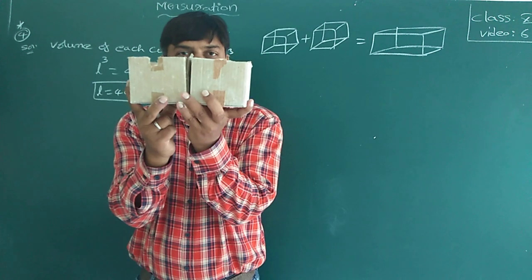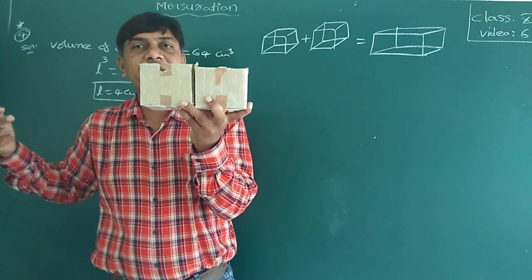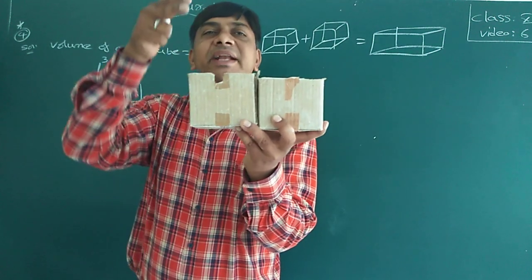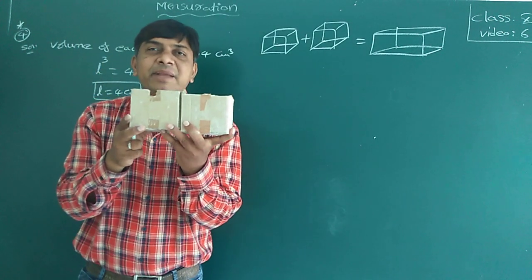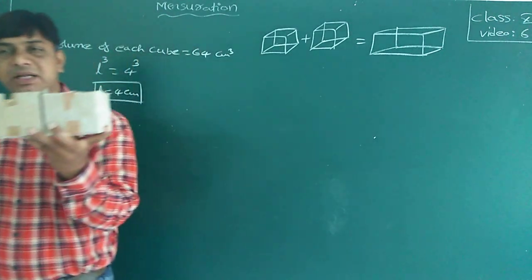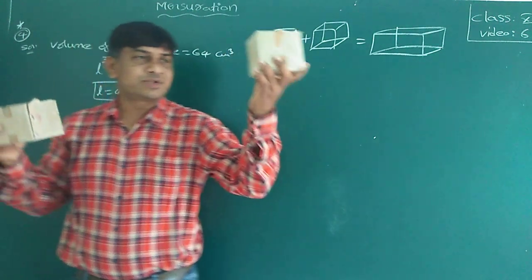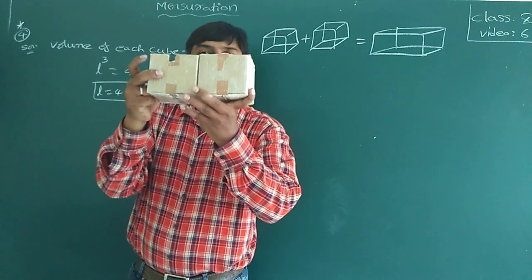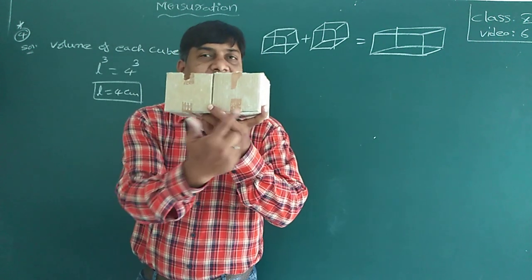In the obtained cuboid, only the length will increase. Breadth remains the same and height remains the same. Am I clear? When you join the two cubes, you will obtain a cuboid, and its length will increase.